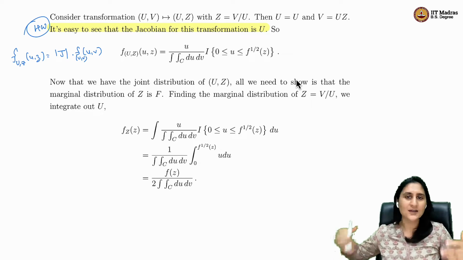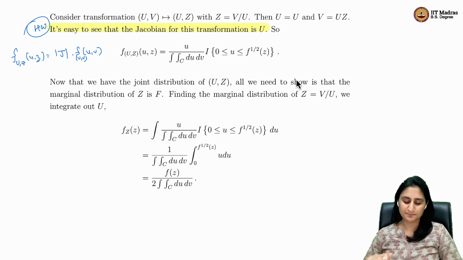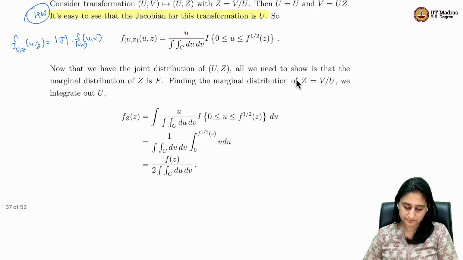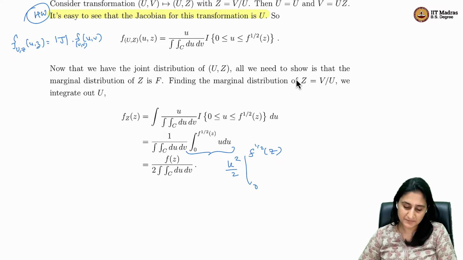Because everywhere else this indicator is 0, so all other parts of the integral go away, right? But now I can integrate this, and this part becomes u squared by 2 from 0 to square root of f of z. Okay, and that gives me back f of z by 2 divided by the integral.